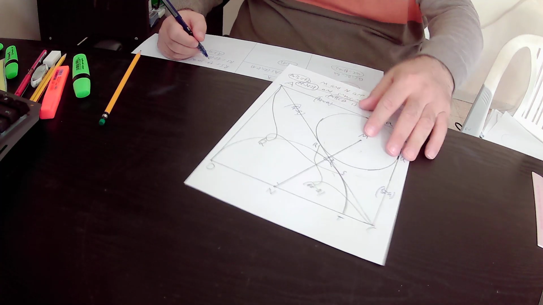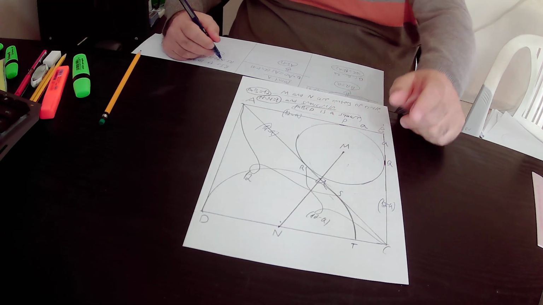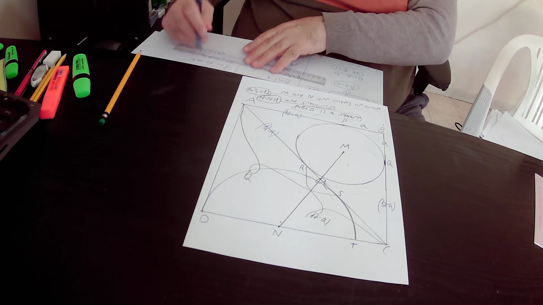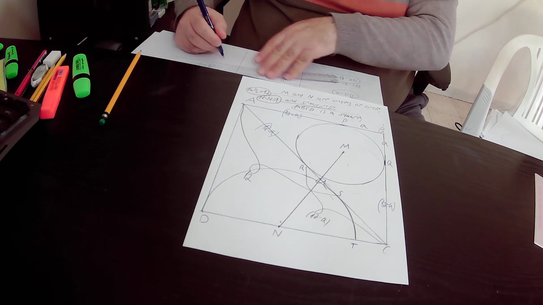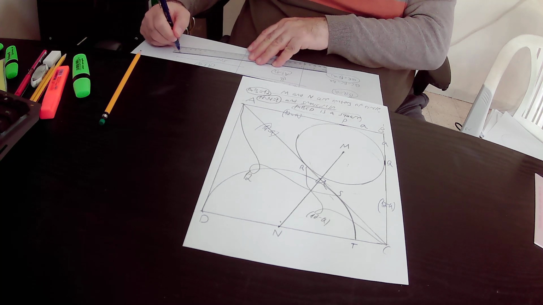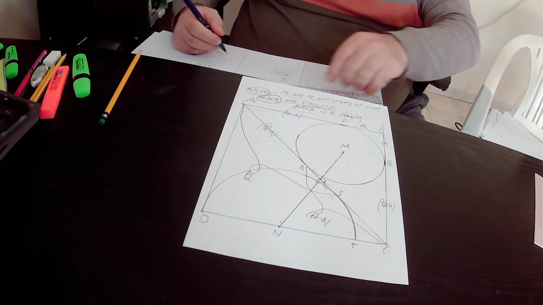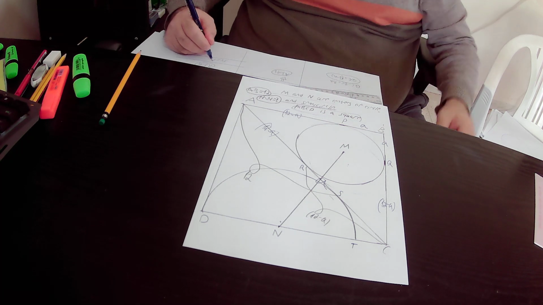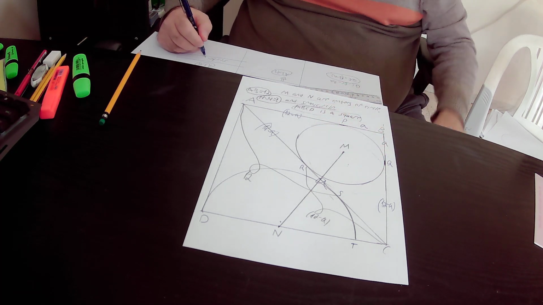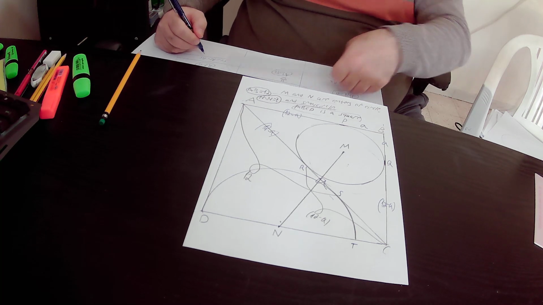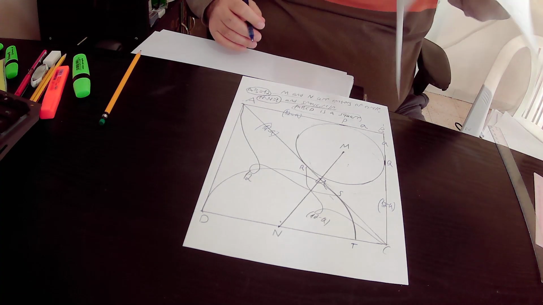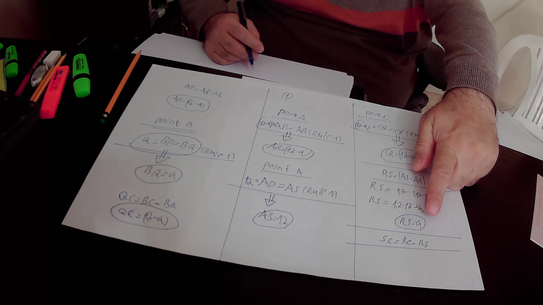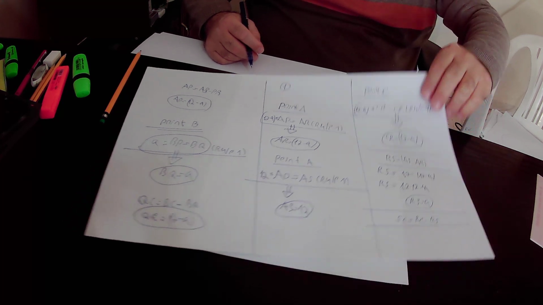And what is the length of SC? It is very easy to see from the drawing that the length of line segment SC is equal to RC minus RS.